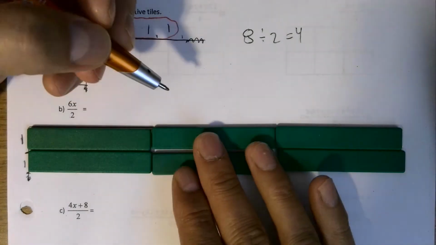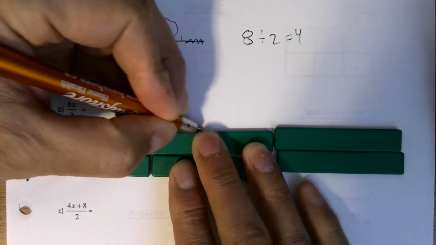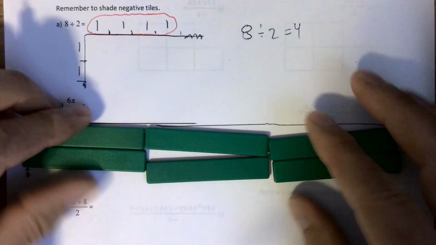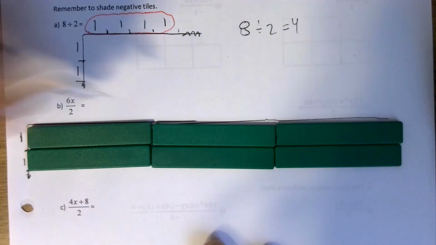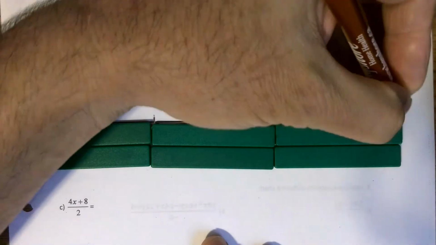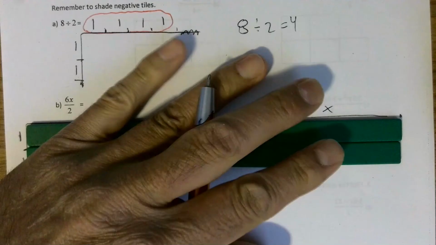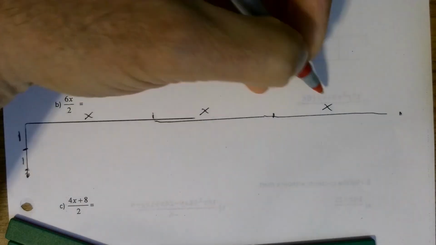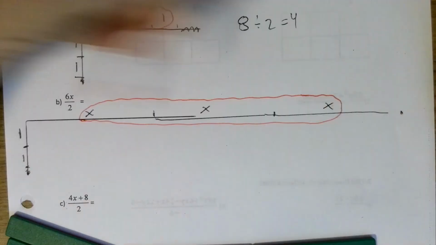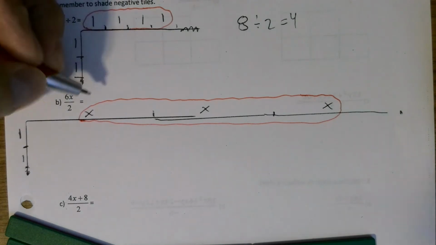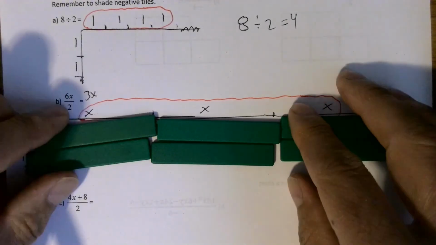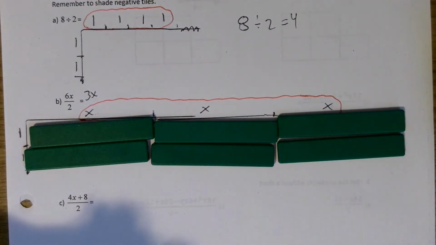Okay, now we need to label the top of our thing here, and I'm going to have to add a bit more line here to be able to label the top of my rectangle. So that length is x, that length is x, and that length is x. And my answer is going to be the side I just labeled. Right there. So 6x divided by 2 is going to equal 3x. And again, you guys should be pausing the video and drawing in where those tiles used to be for your notes.